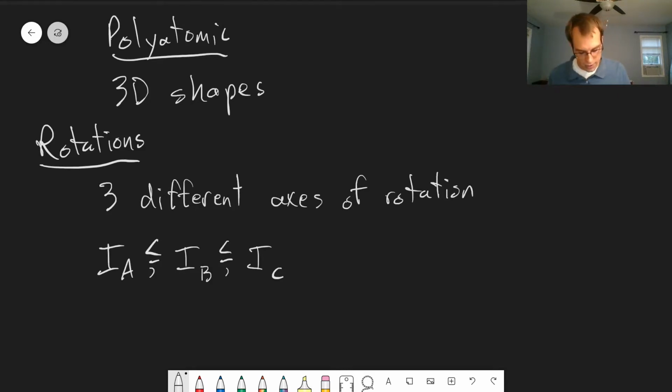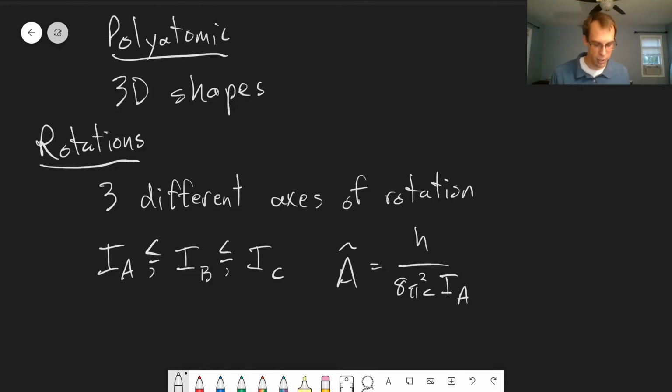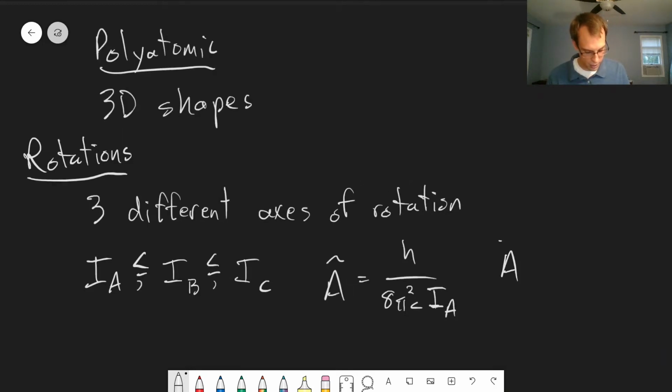And each of these has an associated rotational constant. So the A rotational constant, for example, in wave numbers is h over 8 pi squared c IA, with an equivalent one for B and C. The only thing that's going to change is this moment of inertia. And so since IA is less than IB is less than IC, that means that A must be greater than or equal to B, which must be greater than or equal to C. It's possible they can be equal to each other.